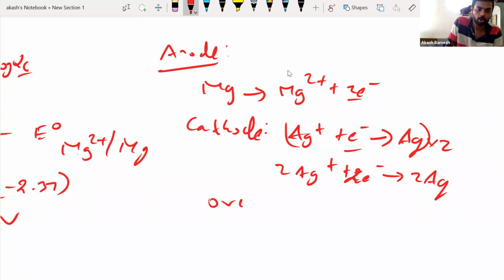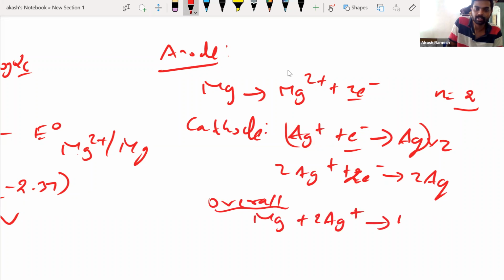The n value is 2, because the 2 and 2 cancel. So the overall equation is Mg plus 2 Ag plus gives Mg2 plus plus 2 Ag.